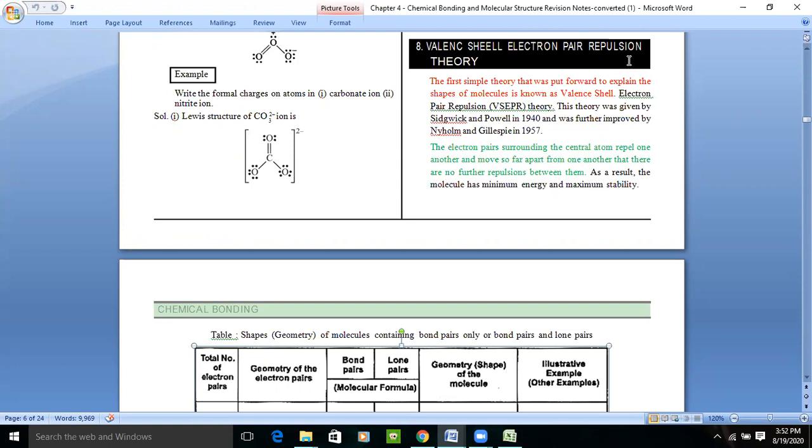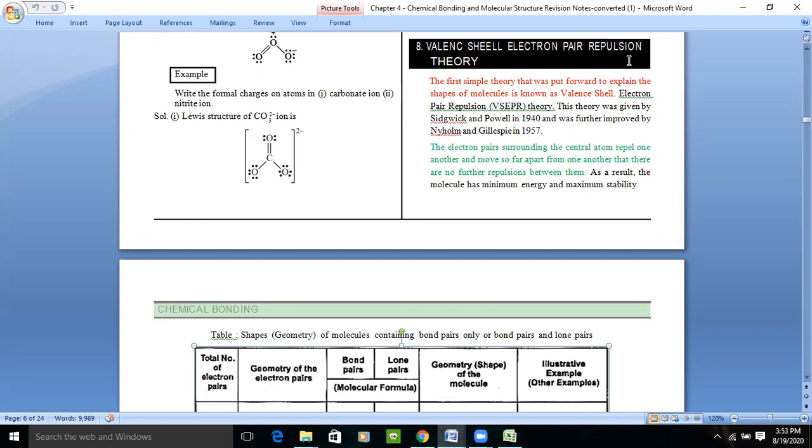So this theory was further explained by the scientists Sidgwick and Powell in 1940, and it was improved by Nyholm and Gillespie in 1957. Lewis dot structure was discarded by these scientists.